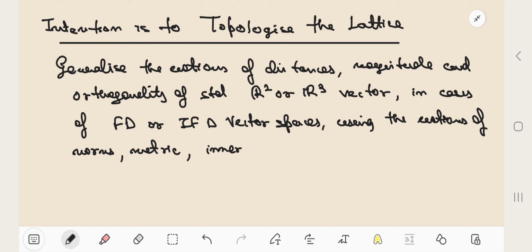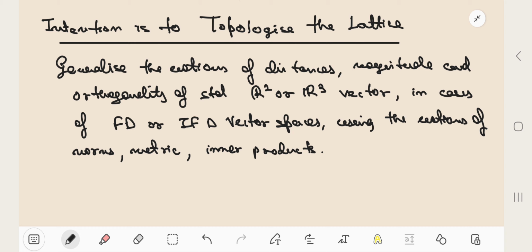And when two vectors are perpendicular to each other, we call those vectors orthogonal to each other. So we can in fact generalize this notion of orthogonality of two vectors in terms of what we call inner products. So these are standard topics from topology, in fact a bit further from topology, standard topics from functional analysis or the study of normed linear spaces.